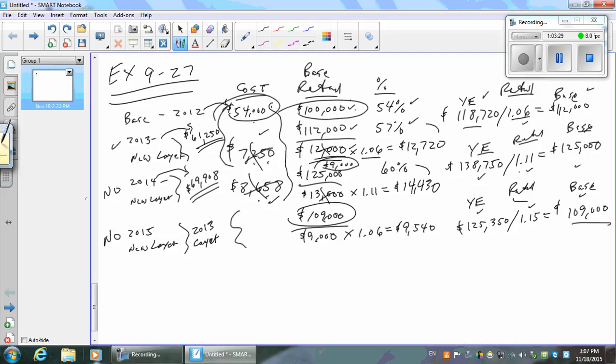So 9,000 times 1.06 is 9540. Okay. So now this is retail. So what do you want to do? Get it down to cost. So you're going to have to pick up the percentage at that time, right? So I'm using the index at that time and the cost to retail percentage at that time. Okay, so this one got kind of tough, didn't it? That's 57%. What's that number?